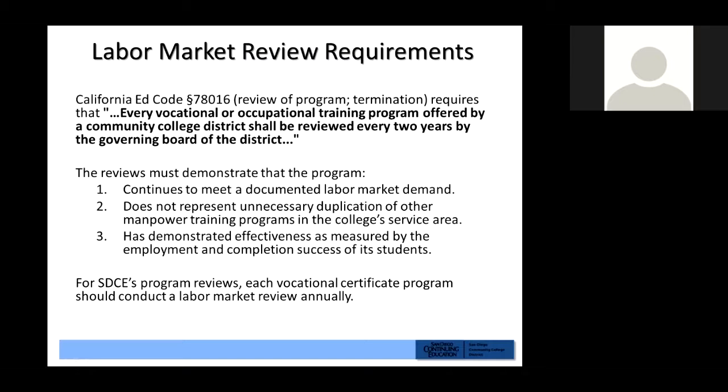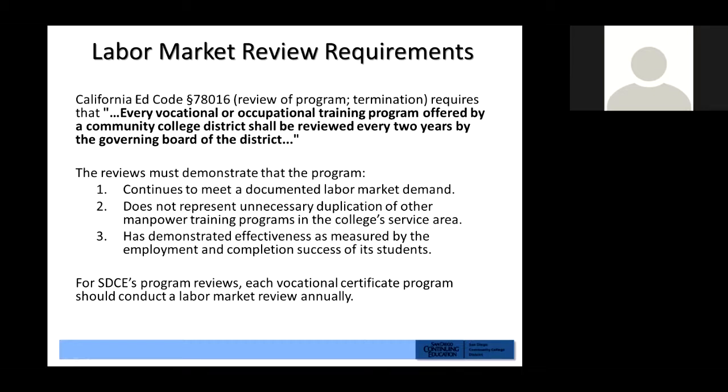At present, there's no standard model officially recommended for conducting program review in the California Community Colleges system. There is an imperative, however, that every college must conduct an effective review of its instructional programs on a regular basis. And California Ed Code requires that every vocational or occupational training program in the community colleges is reviewed every 2 years.